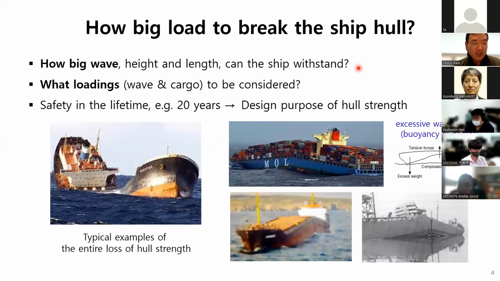What kind of external waves and internal cargo loadings should be considered? These are the important subjects in the design of ship structures. Ensuring safety in a ship's lifetime, for example, 20 years, is the main purpose of designing hull strength.